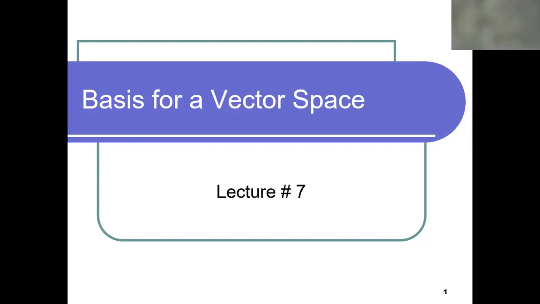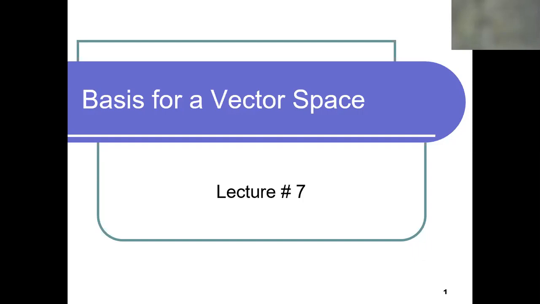When I say basis, what I mean to say, dear student, is that in basis we are basically minimizing the number of sets in a vector space or any subspace of a vector space that span the vector space, any bigger vector space.